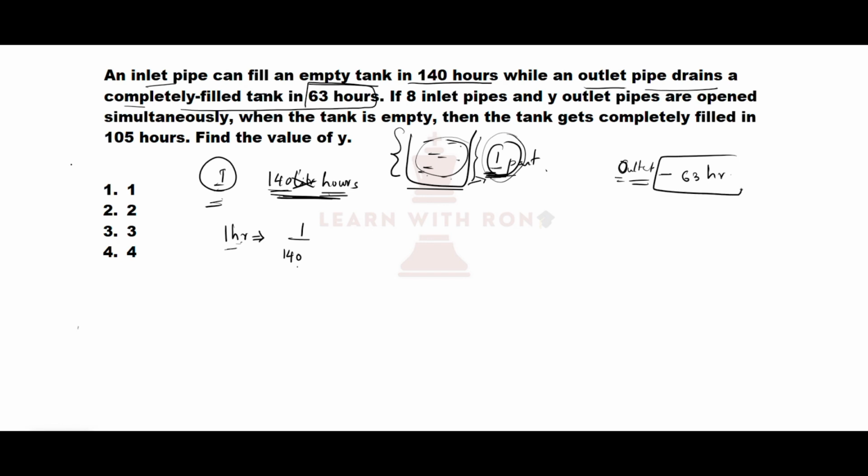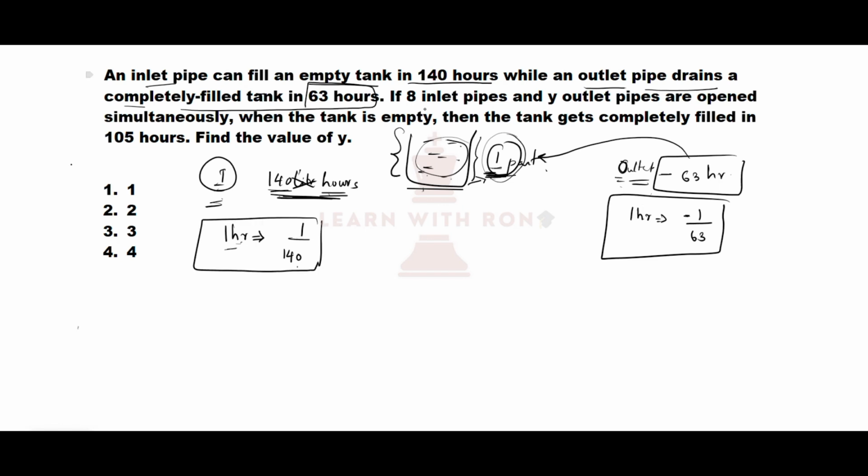So if in 63 hours it can drain this complete tank which I assumed as one part, in 1 hour how much can it drain? 1 by 63 only, negative. So got it? Okay, remember this and remember this.